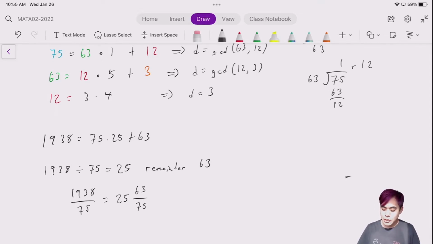And so when you separate this, it is equal to 25 plus 63 over 75, and you can multiply both sides by 75. So 1938 is equal to 25 times 75, or I guess in this case, 75 times 25, plus 63, which is where we got that line from.